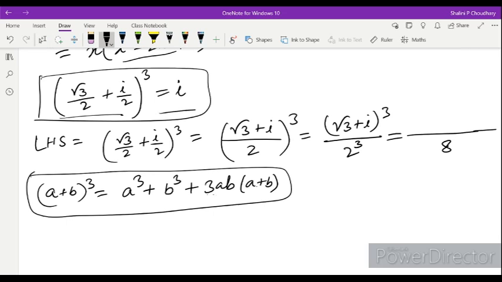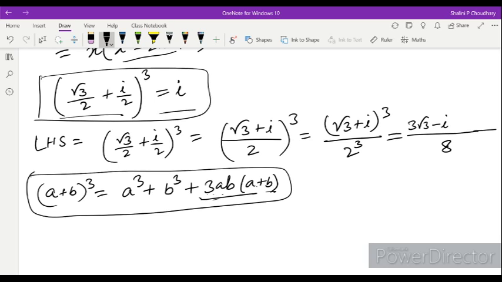So a cube, it means the cube of square root of 3, so it will be 3 root 3, then cube of i, minus i. Then 3a square b and 3ab square.